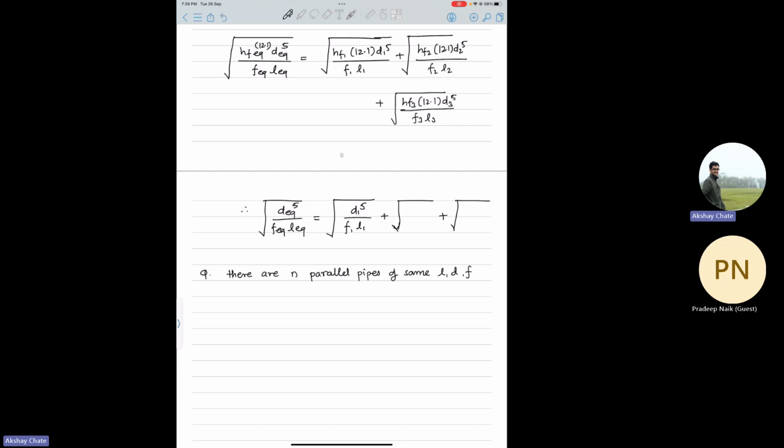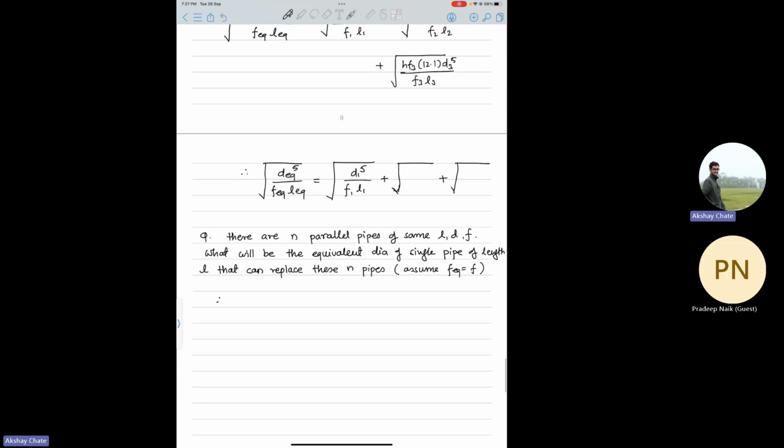There are some n pipes, and what will be the equivalent diameter of a single pipe of length L that can replace these n pipes? Assume the f of that equivalent pipe will be the same as the f of each parallel pipe.